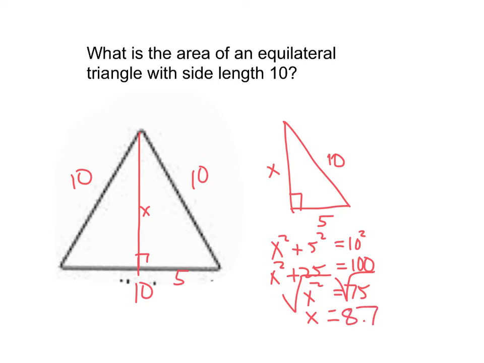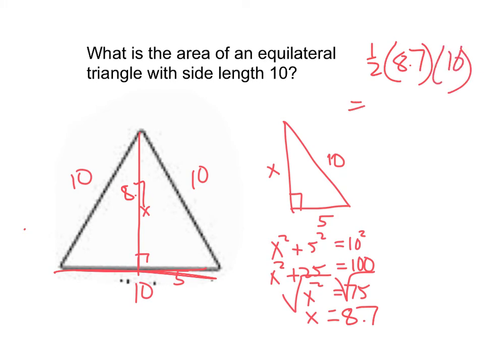So that represents the height here of 8.7. The whole length of the base is 10, so the area of the triangle is 1/2 multiplied by 8.7 multiplied by 10. Multiplying that together, we'll get 43.5 square units.